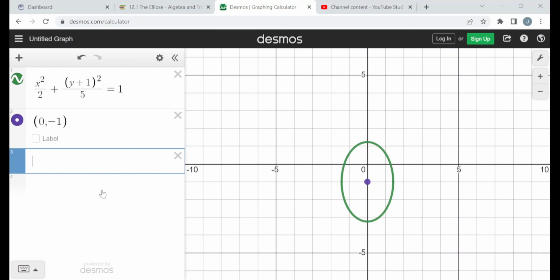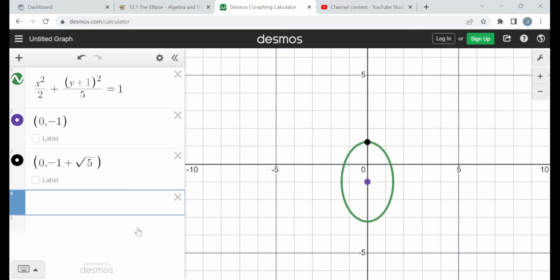I'm just going to plot one of the vertices. We had 0, comma, and then negative 1 plus the square root of 5. And you see that black point that just showed up? So that's the square root of 5 units above the center. And then negative 1 minus the square root of 5 would put me at the point down here.